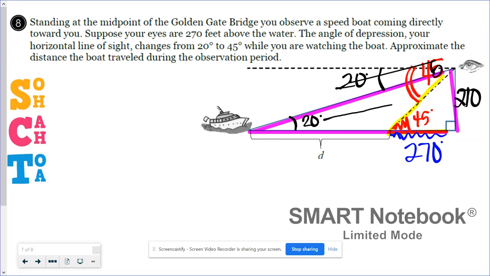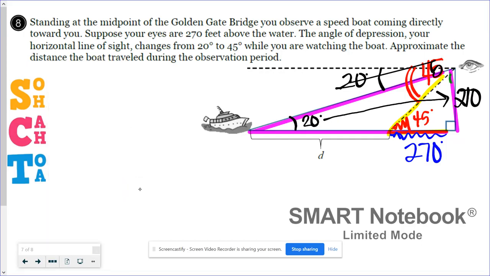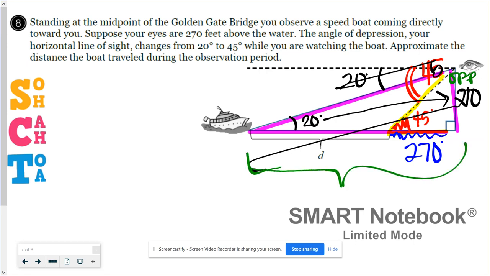And directly opposite that angle is a 270 feet side. And so I can use a tangent ratio once again. And maybe I call this, I don't know, y, I guess.